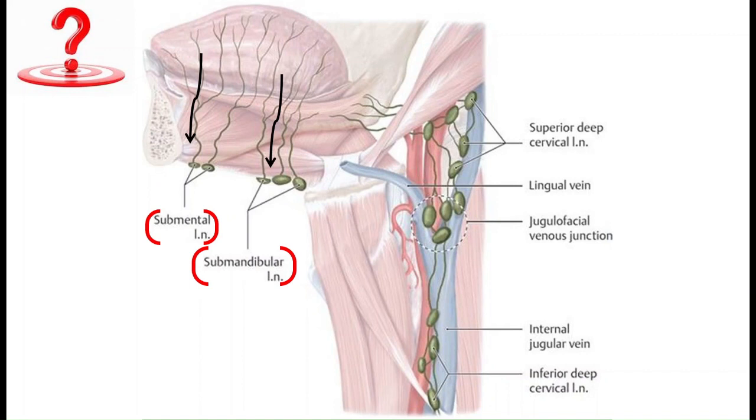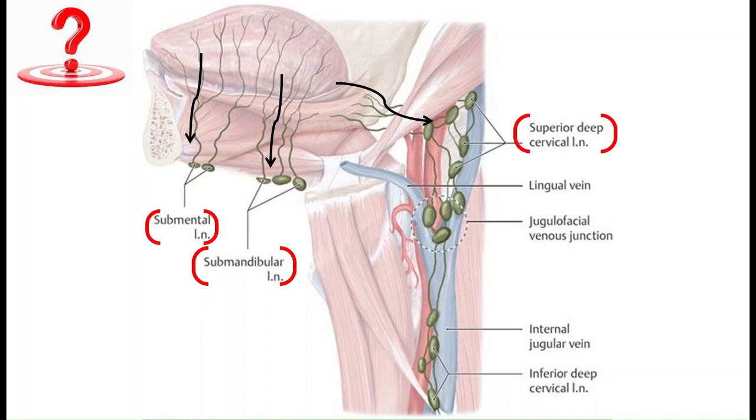Where are the submandibular lymph nodes? They are in the submandibular triangle. I will be reminding you of this triangle in the next group of slides. Then the posterior part of the tongue. The problem of the posterior part of the tongue is that it is in the oropharynx, and it is very hard to see.